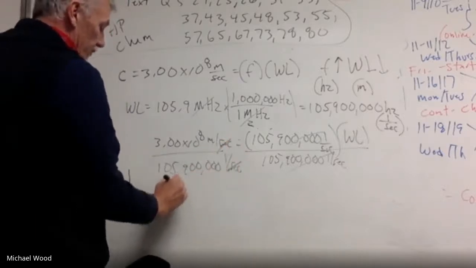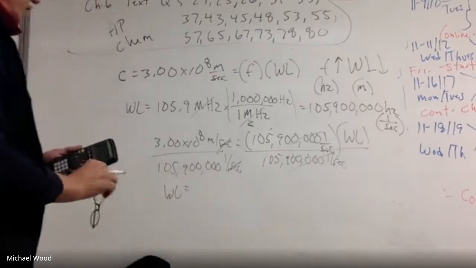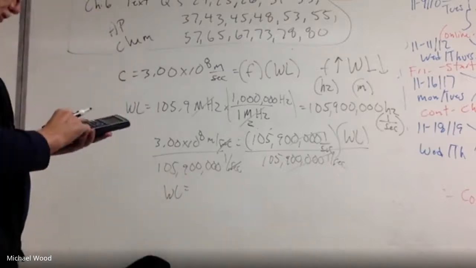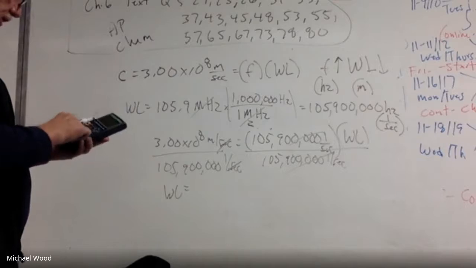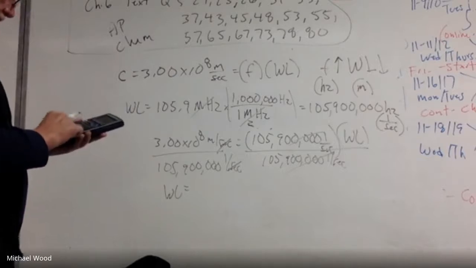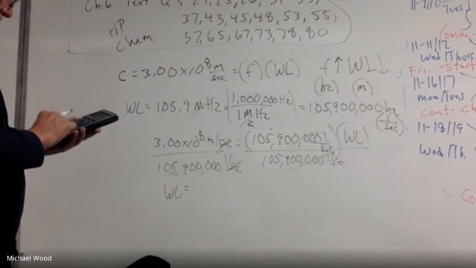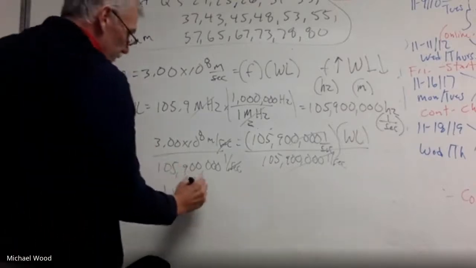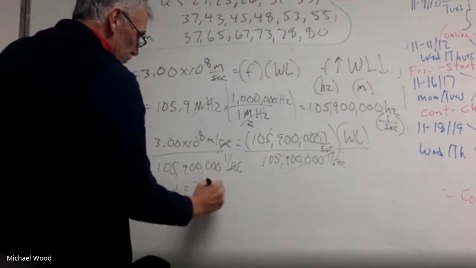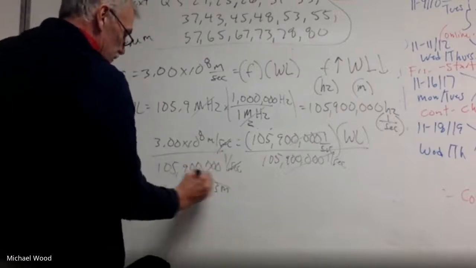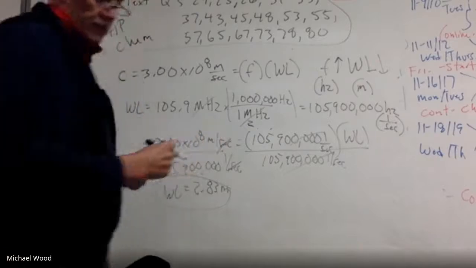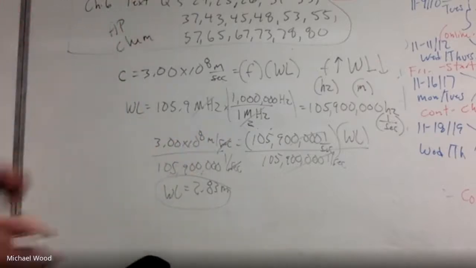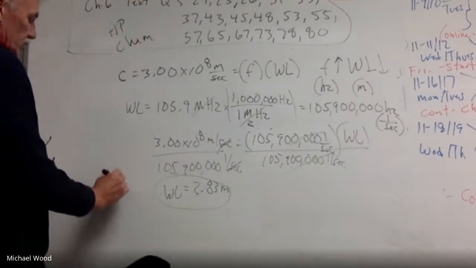And so the wavelength is going to be 3.00 times 10 to the 8th divided by 105,900,000, which gives me 2.83 meters. Unit is meters. Okay, so that is the wavelength of the FM radio signal.